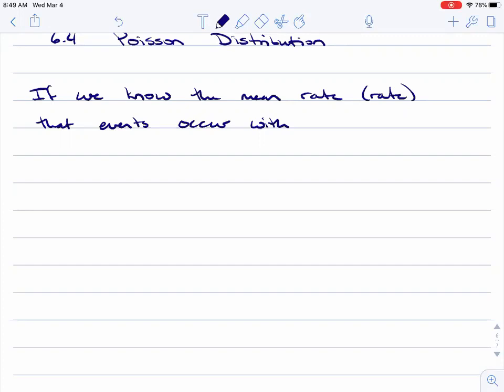Sometimes we can kind of fudge it, just like we do with the normal distribution. We say, oh, it's approximately normal. Oh, I can boil it down to a success-failure situation.